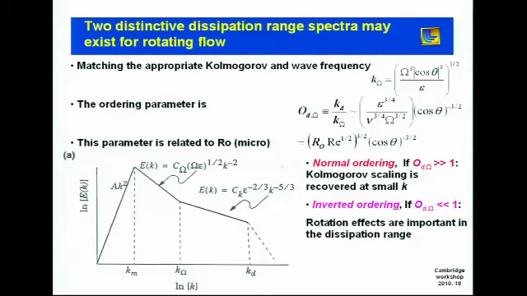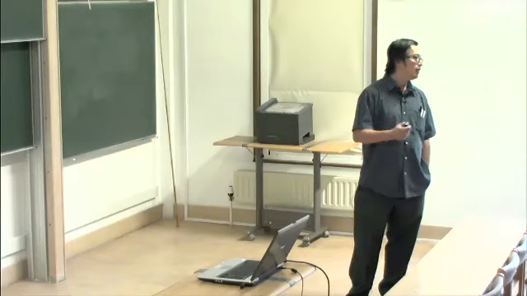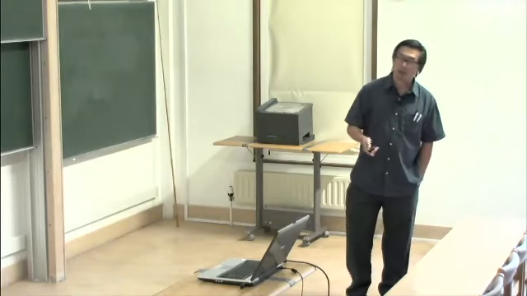All right, so before I conclude here, let me just mention some of the points I alluded to a little bit early. When you have this kind of external effect, not only can you modify the inertial range energy spectrum.